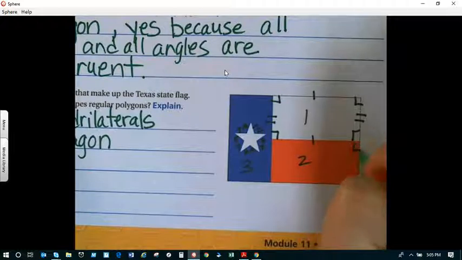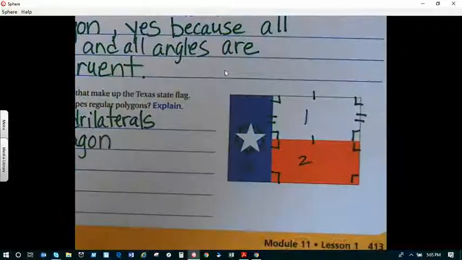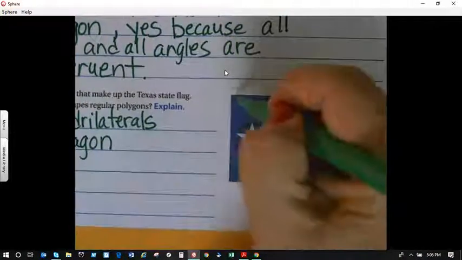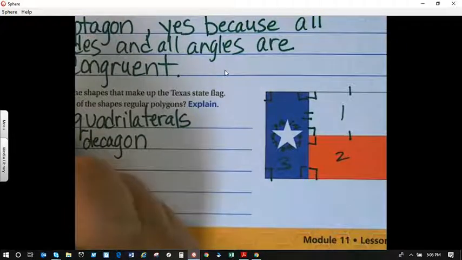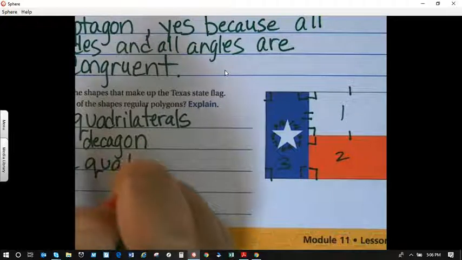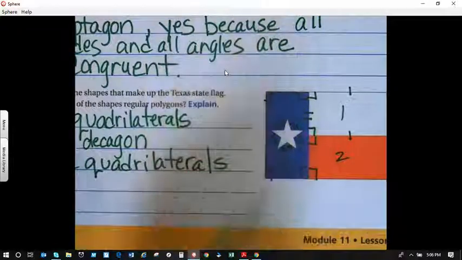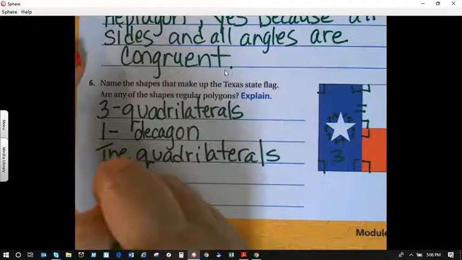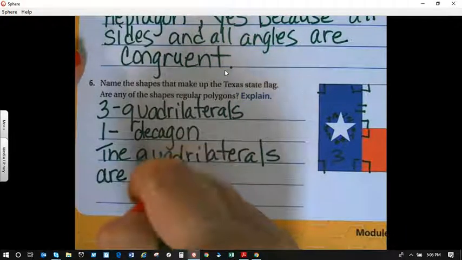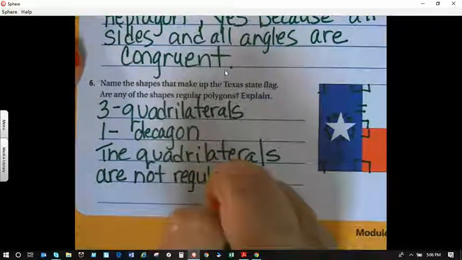So you can see I have all right angles, correct? So all my angles are congruent, but I do not have all sides congruent. So the quadrilaterals are not regular polygons.